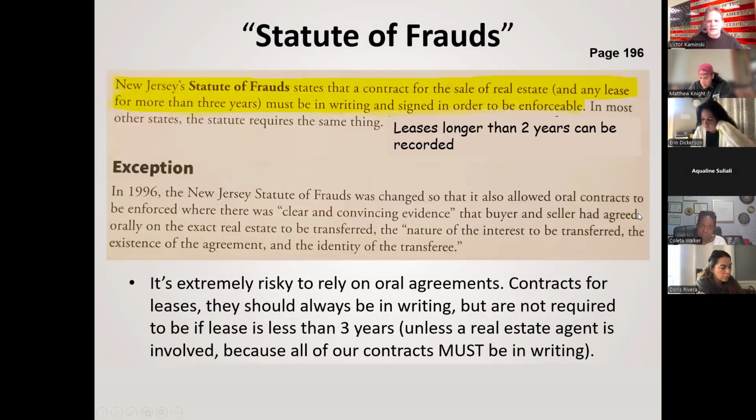So let's highlight that right here on page 196. And then it's not just a highlight, you have to add this here too. You got to write this in because that should be in there too. Leases longer than 2 years can be recorded.